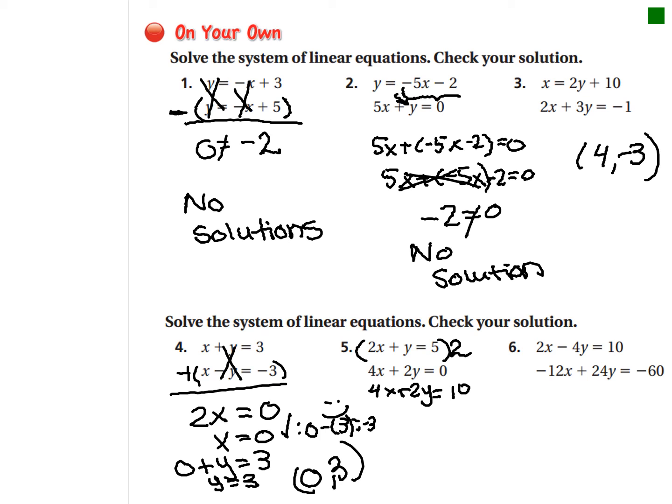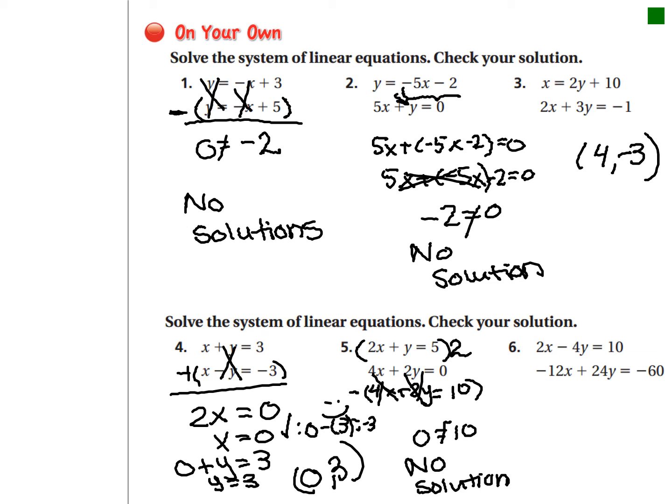Okay, interesting. I have a 4x and I have a 2y. If we take away, what happens? We eliminate both. If we eliminate both, what does that mean for our answer? Let's go through and see. If we have no x's and no y's, does 0 equal 10? Negative 10, because 0 minus negative 10. The answer is no, so no solution.